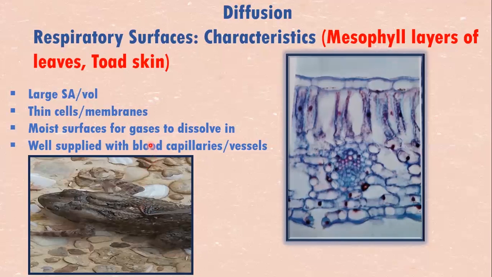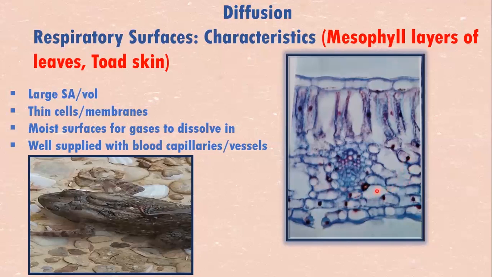That's toad skin. Now let's look at the leaf and how it also meets the characteristics of a respiratory surface. Well, we have the stoma here. It's a hole so that the gases can move in and out, very neat. But look at these spongy cells. These are the spongy mesophyll.